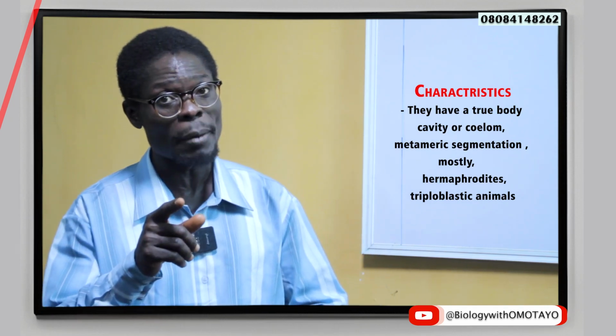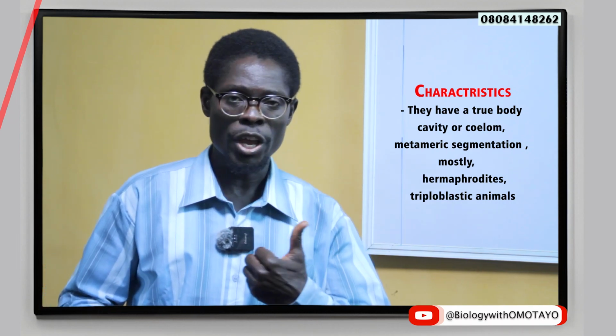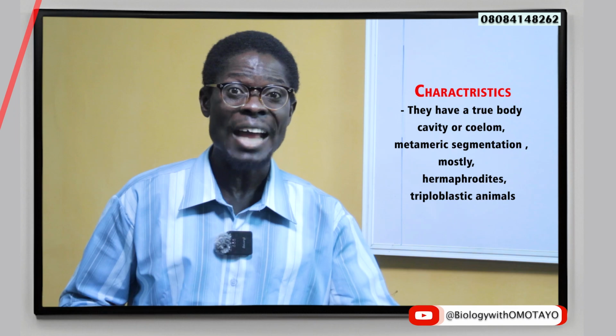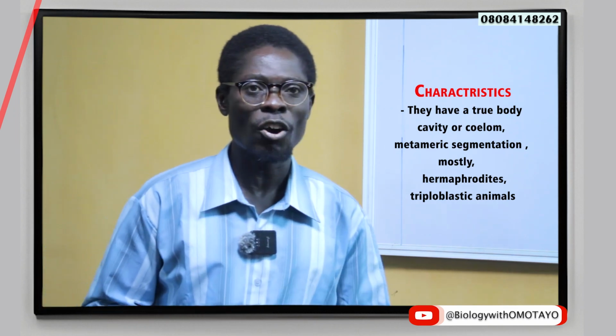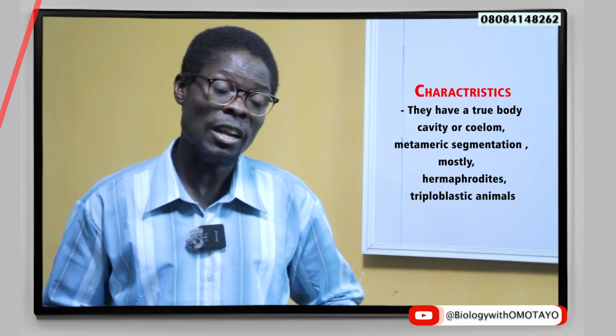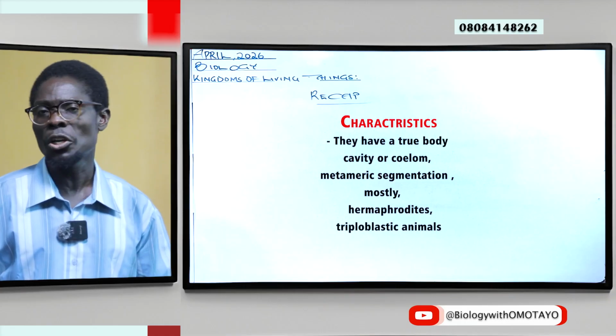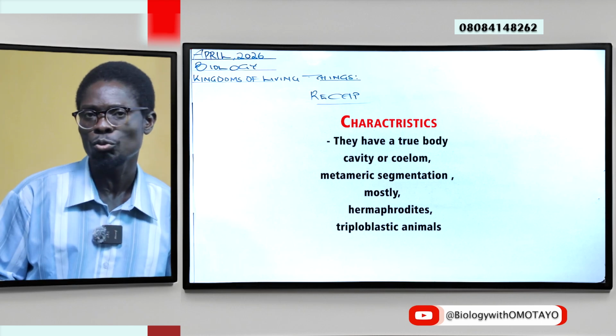If you want to know more about the mantle, check the previous class video. A couple of things were said about the mantle, and it's very critical in attempting your questions for your UTME and other exams. So check that out. Members of this phylum, some have calcareous shell while others do not. And with this, we come to the end of the recap for today.